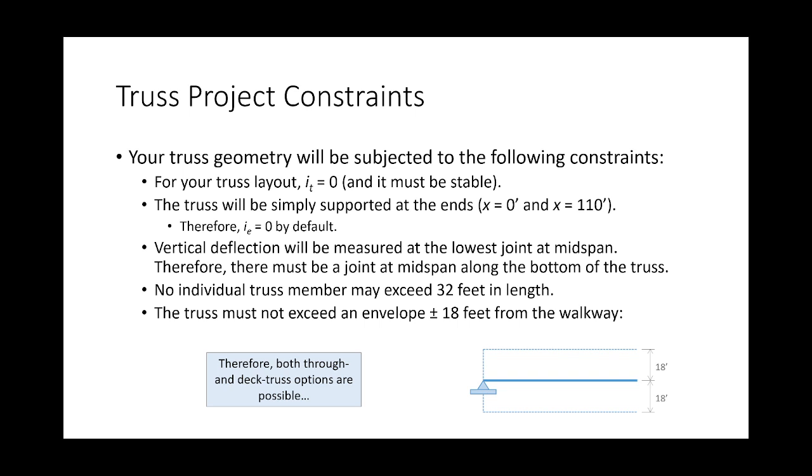You can have an overhead truss or you can have an underneath truss. I'm fine with either one, right? But the overall depth of the truss can't be more than 18 feet, okay? That's your limits on how you lay it out.